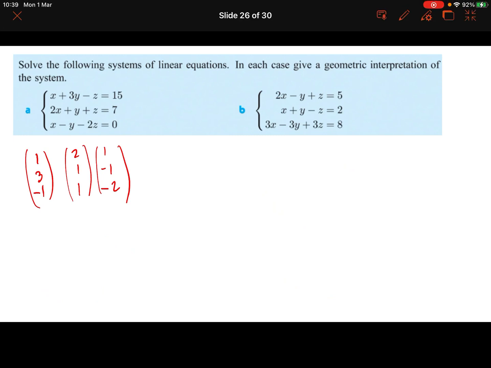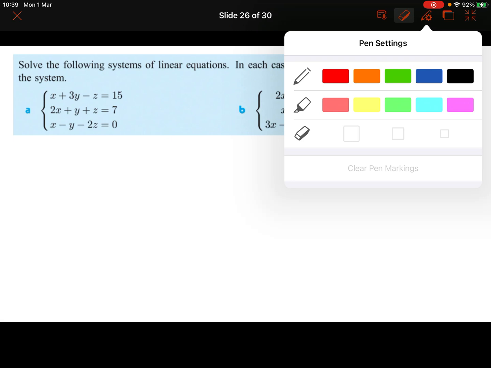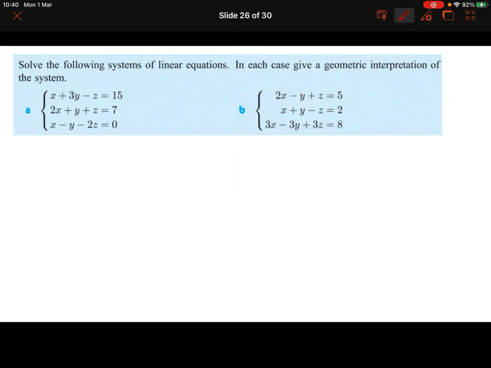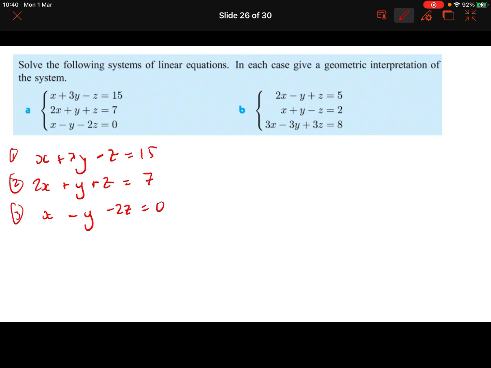Okay, so let's try and find out now exactly what is going on. Well, let's equate, see if we can find a solution to the intersection. So we've got x plus 3y minus z equals 15. 2x plus y plus z equals 7. x minus y minus 2z equals 0. Equation 1, equation 2, equation 3.